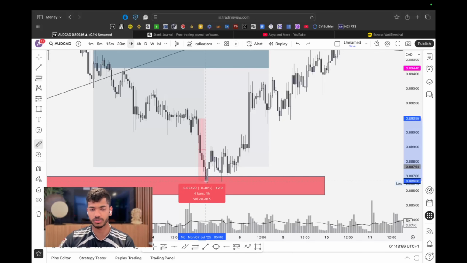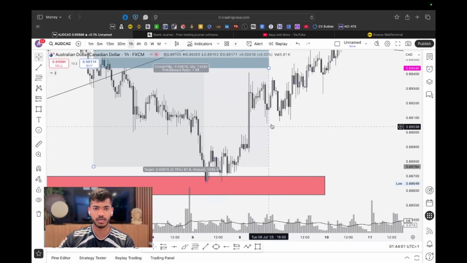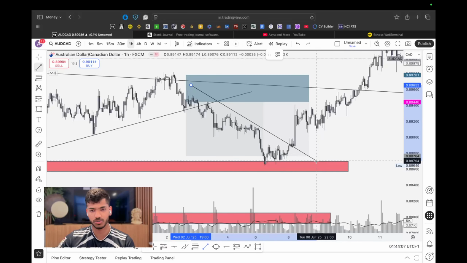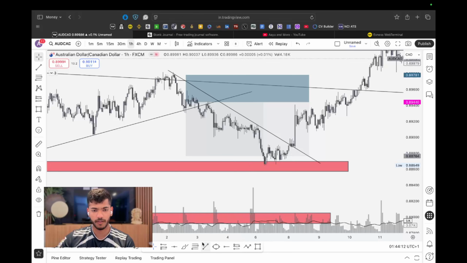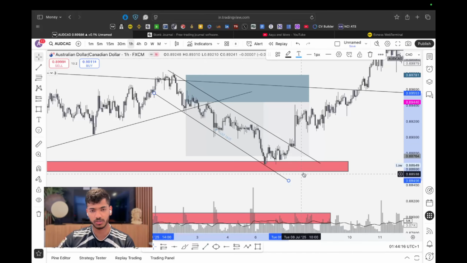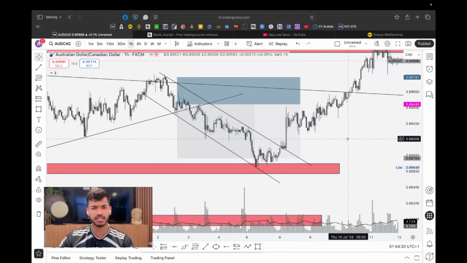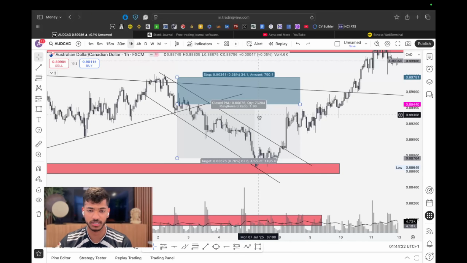I didn't want to hold it too long, because if it had continued its trend on the downside, I would have been much more interested, but it didn't. So I exited my trade here, and I had gotten more than 40 bips.